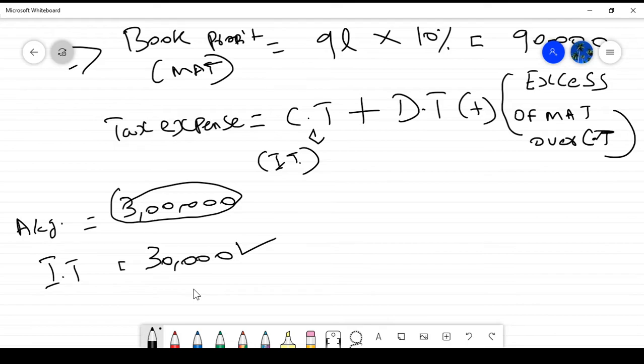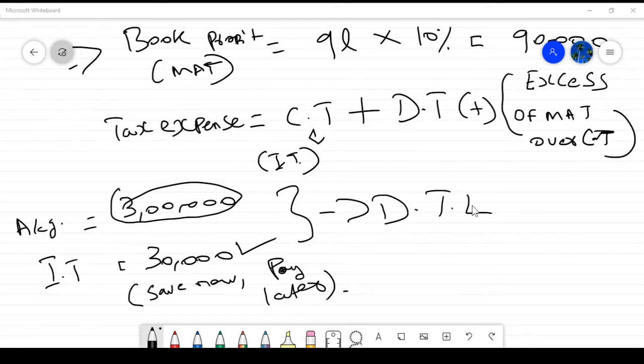Save now, pay later. Correct? Save now, pay later concept. If it is the save now, pay later means, then I have to create DTL, deferred tax liability.